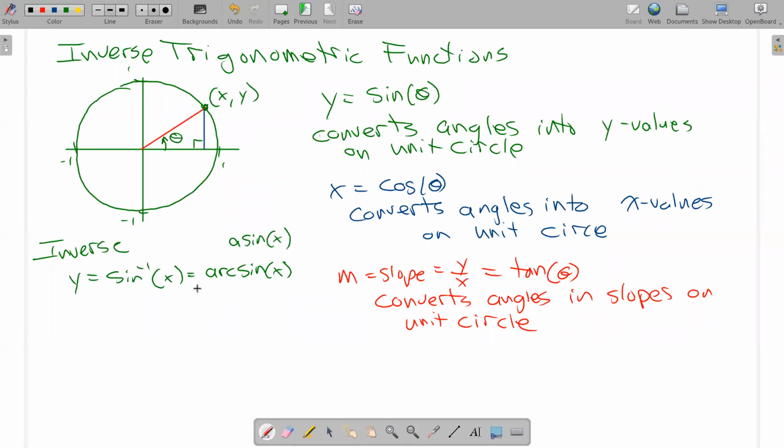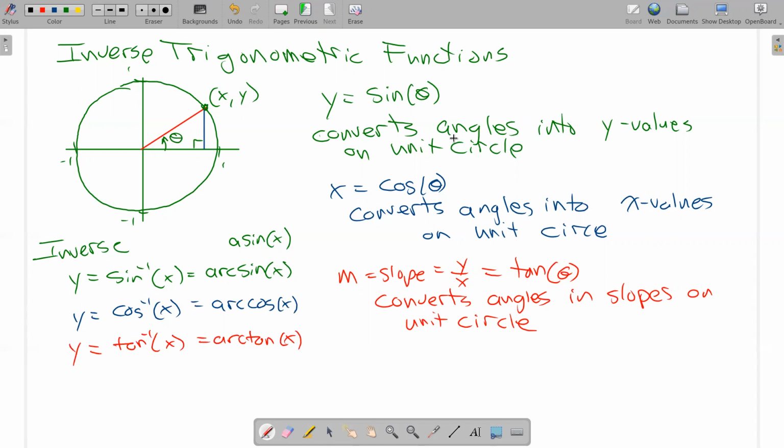Depends on your calculator. Sometimes it has the inverse symbol. Or we have the cosine inverse, which is also known as the arccosine. And then we have the inverse tangent, which is also known as the arctangent.